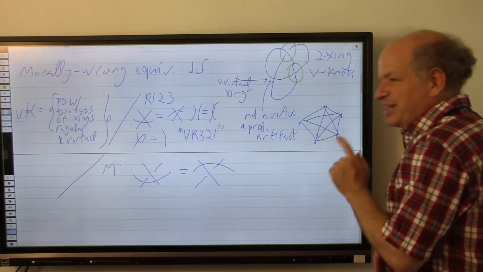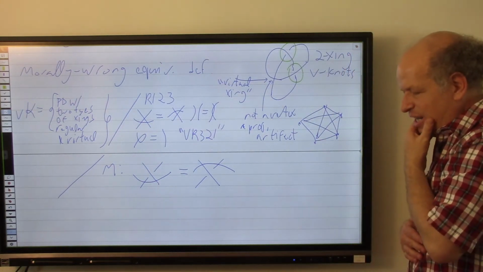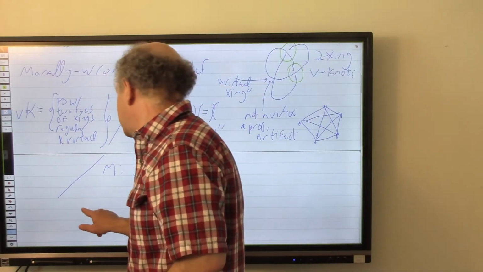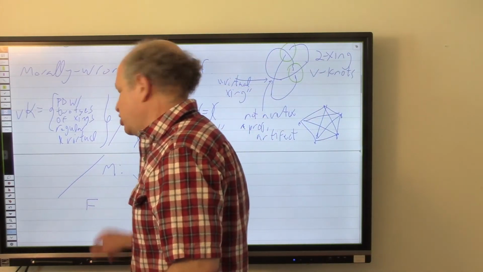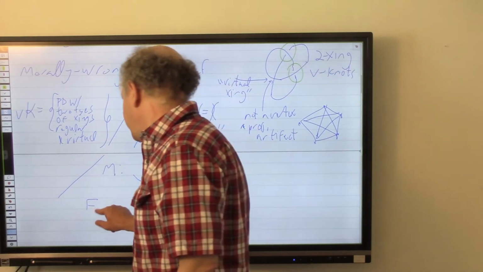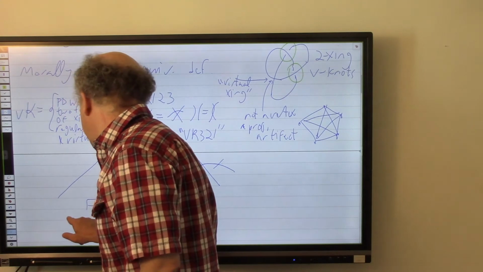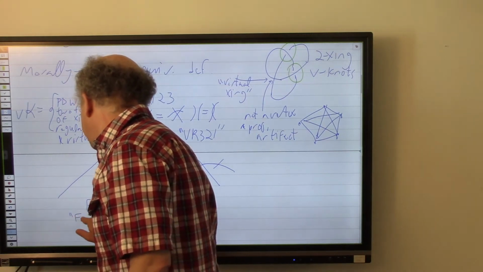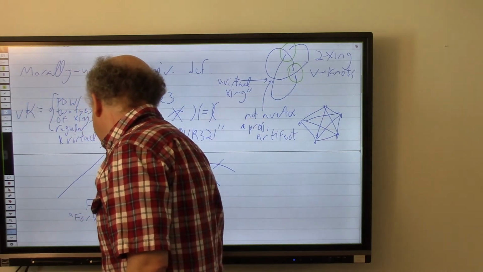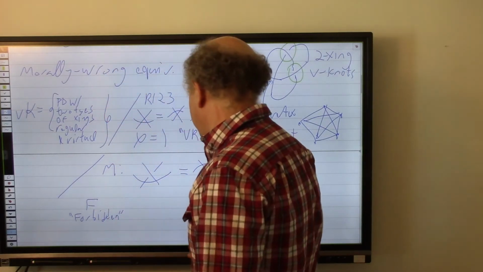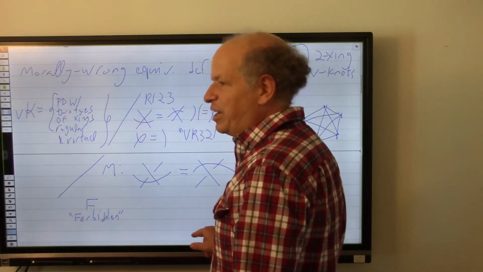But then there is a funny relation or non-relation in addition. So let's call it F, and F stands for forbidden, because it's actually not a relation, and it's a very, very funny relation, or very, very funny non-relation.